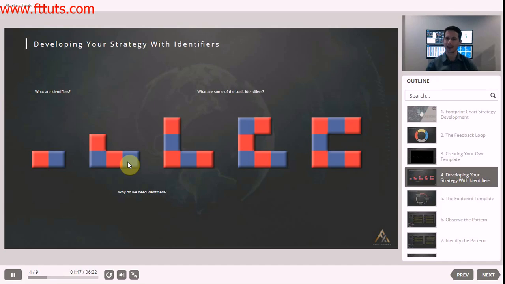Now, one of the best examples of an identifier is volume. So let's take, for example, over the last 10 trading sessions, you've suddenly recognized that whenever the volume exceeds, say, 50,000 contracts, price tends to very aggressively fall or rise. Now, if you've noticed this, you've recognized a pattern based on the identifier of volume.